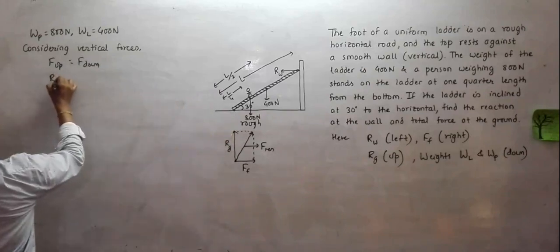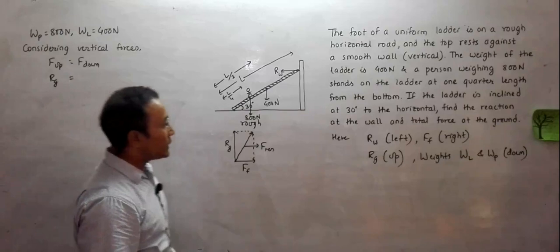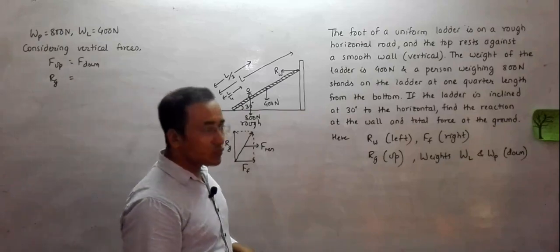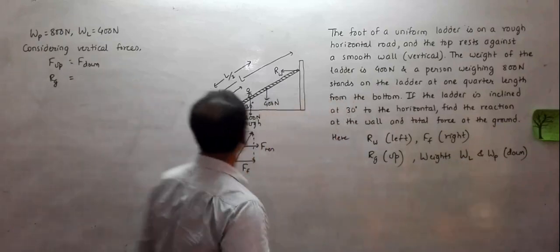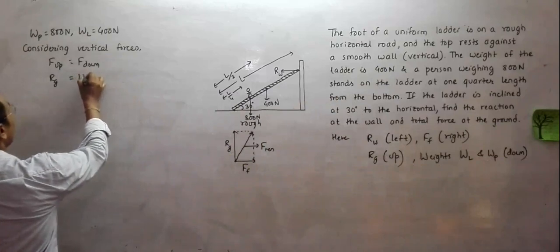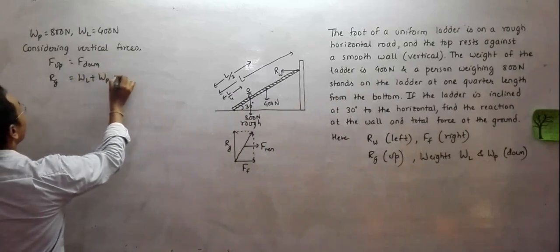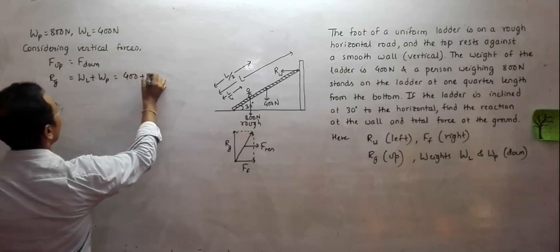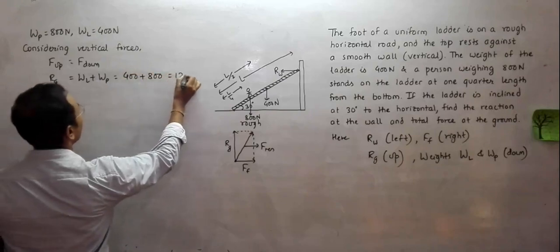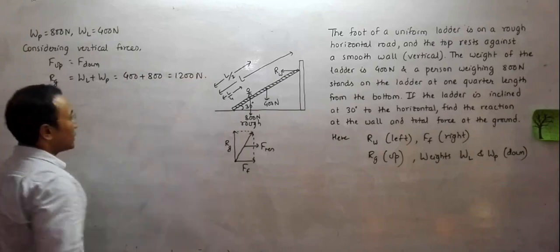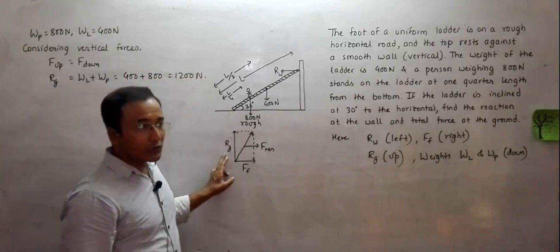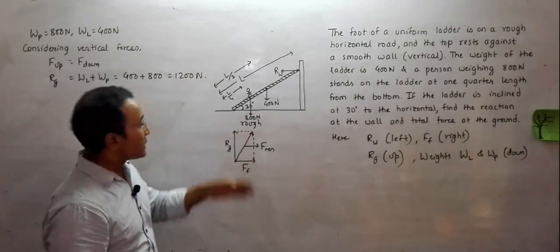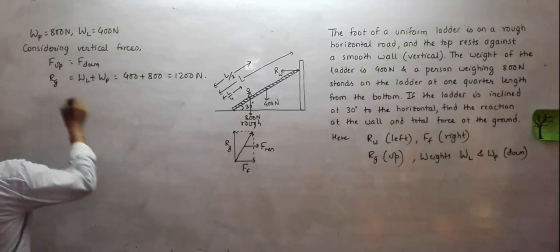So RG should be equal to F down, which is two of them, WL plus WP. That is equal to WL, which is 400 Newton, plus 800 Newton, so that's equal to 1200 Newton. So the reaction due to the ground is equal to 1200 Newton, and it will be acting in the upward direction.